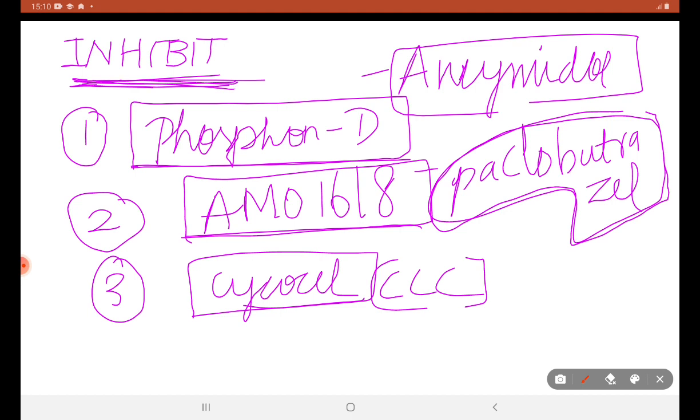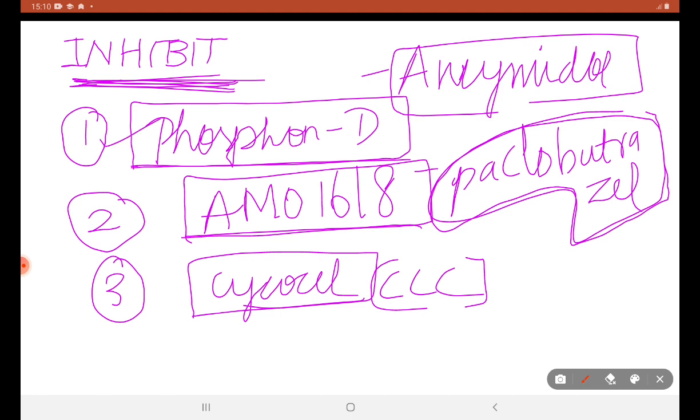Means if these commercial chemical components are induced into the plant, the functions and the mechanism of gibberellin and physiological roles of gibberellin will be inhibited.